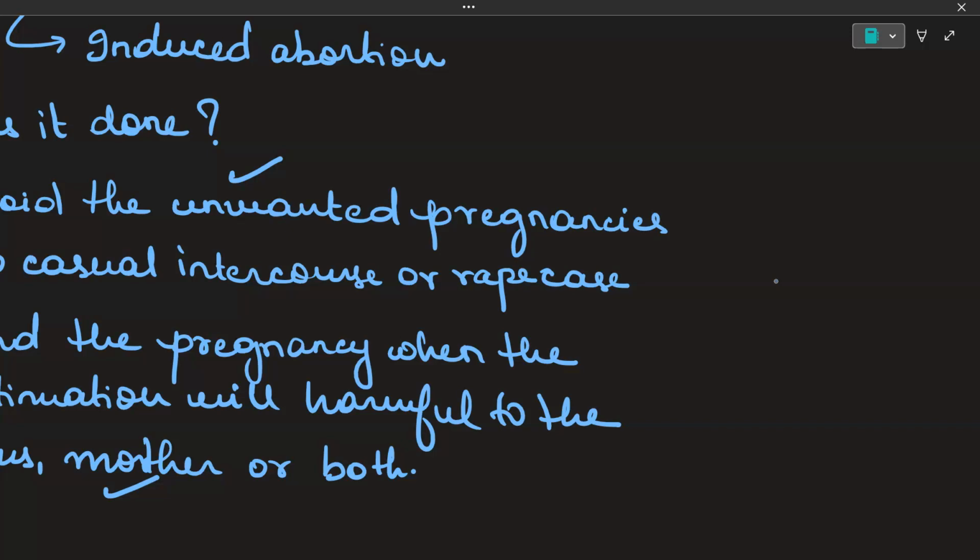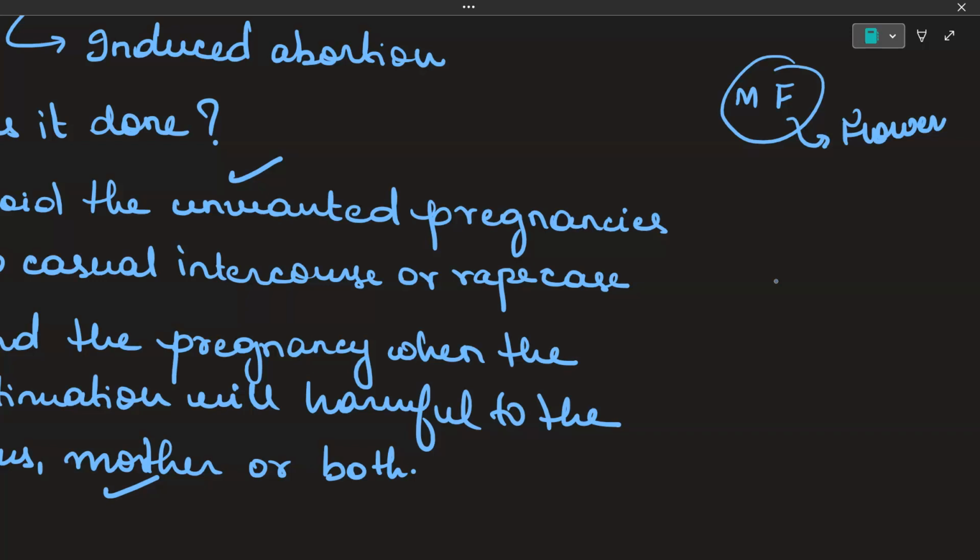But if a plant is bisexual, meaning both male and female reproductive structures are present in one flower, it means that self pollination can take place. So how do we avoid self pollination? By emasculation.